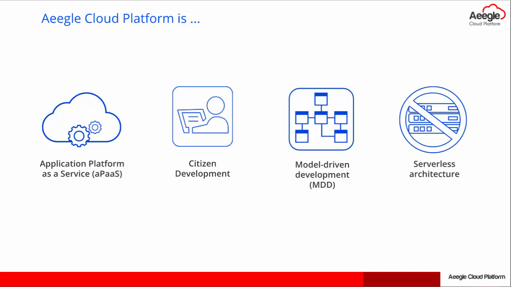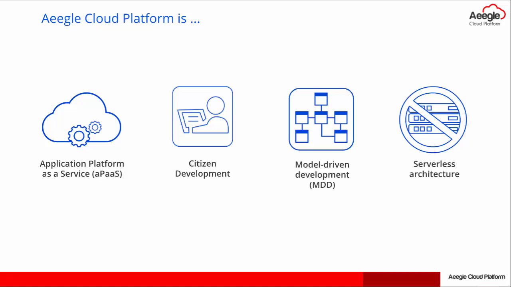The next one, Aeegle Cloud Platform, is also model-driven development. That means that instead of the citizen developers writing code, they use the graphic resources that ACP has in order to build a model. And in this case for ACP, a model is a form. And you can also connect a model with another one so they can communicate between them.